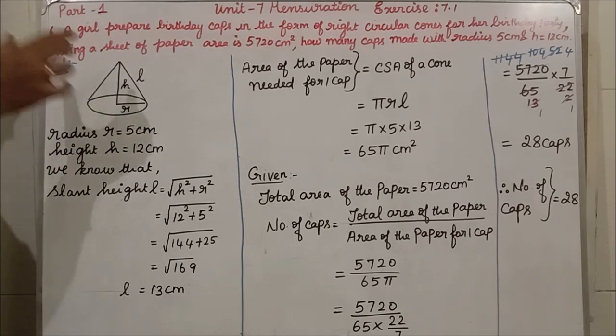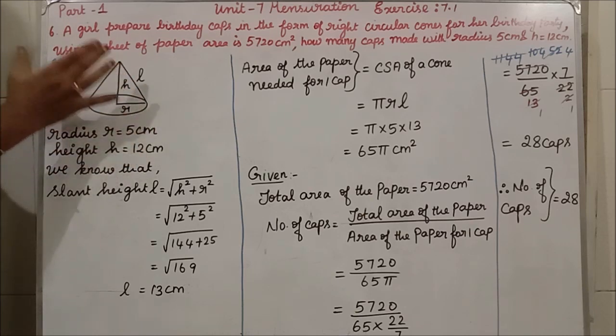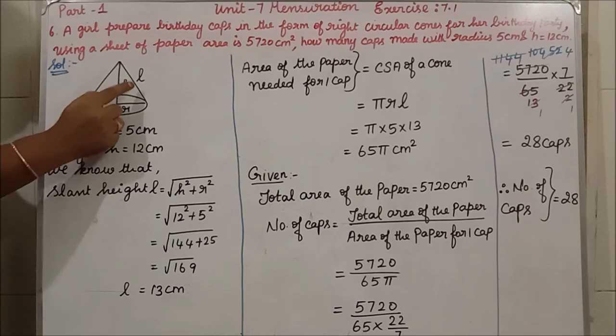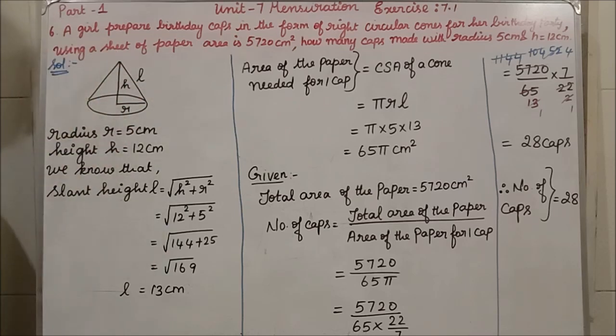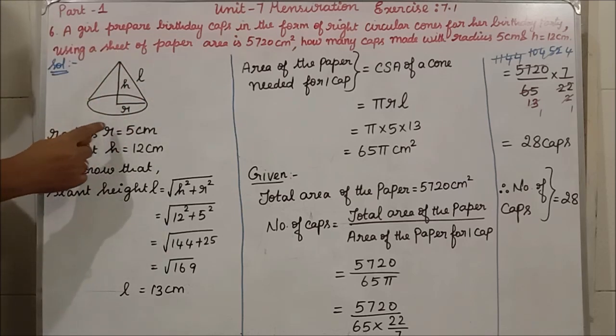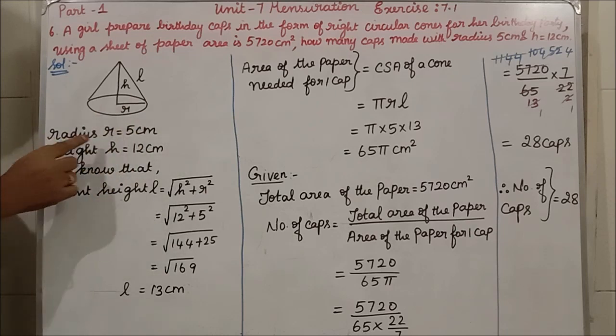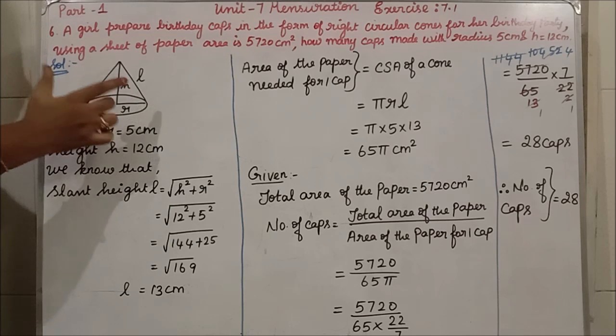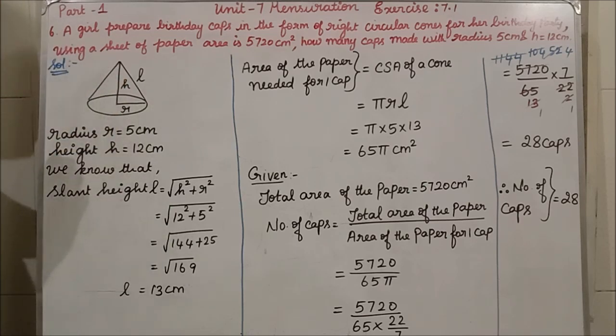Yes. See, I have drawn the right circular cone. This is the radius, this is the height and this is the slant height we know. Radius they have given 5 centimeter. Height also they have given 12 centimeter. To make the cap, which area do we need? We need the curved surface area.